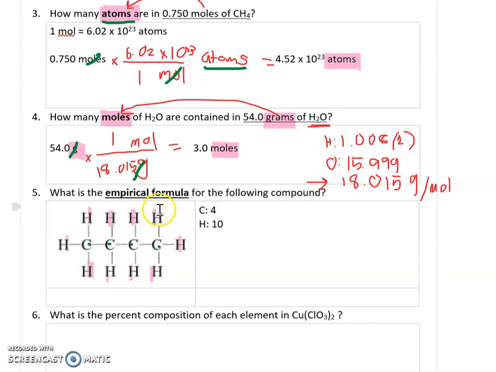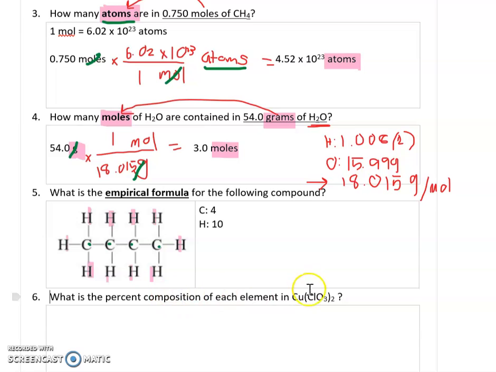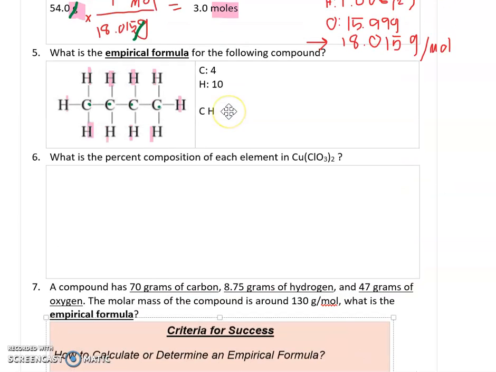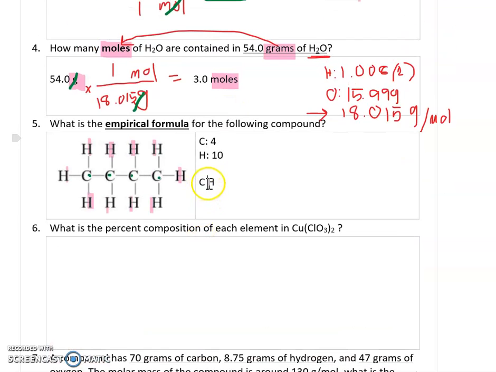So I know that empirical formulas mean that you want the least amount of ratio within your answer. So my final answer is going to be something C subscript something, H subscript something. So I have to fill in these little numbers, right? So right now, what I got is I have 4 carbons and I have 10 hydrogens.